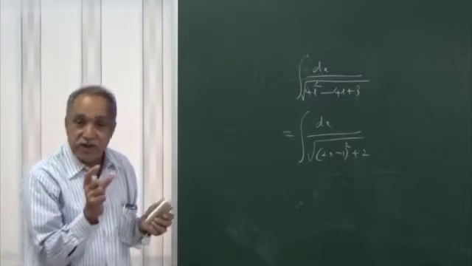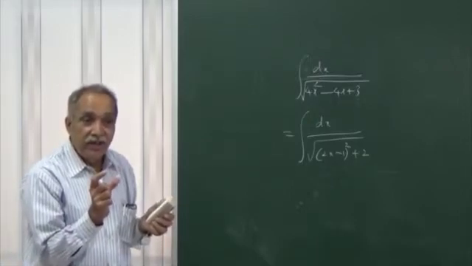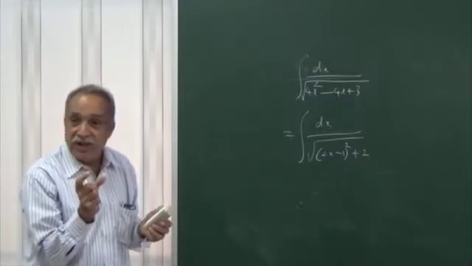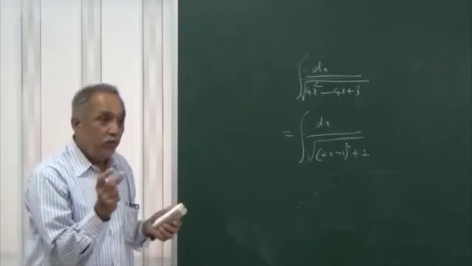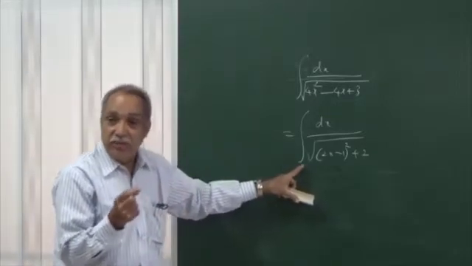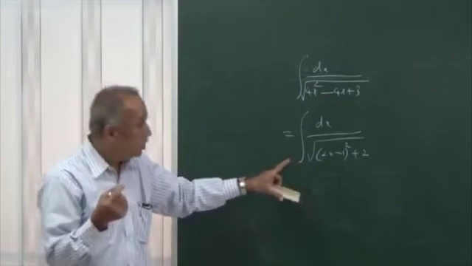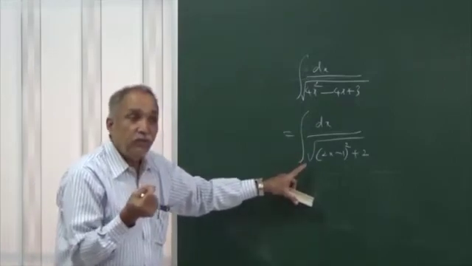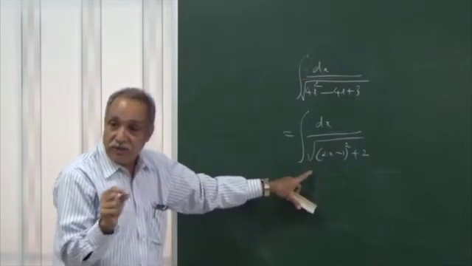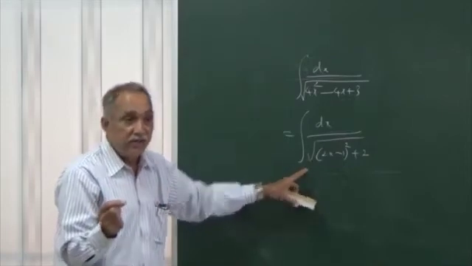Do we have coefficient 1 by a outside in that formula? No. We get 1 by a whenever there is no radical sign. When there is a radical sign, there will be no 1 by a on the right hand side.